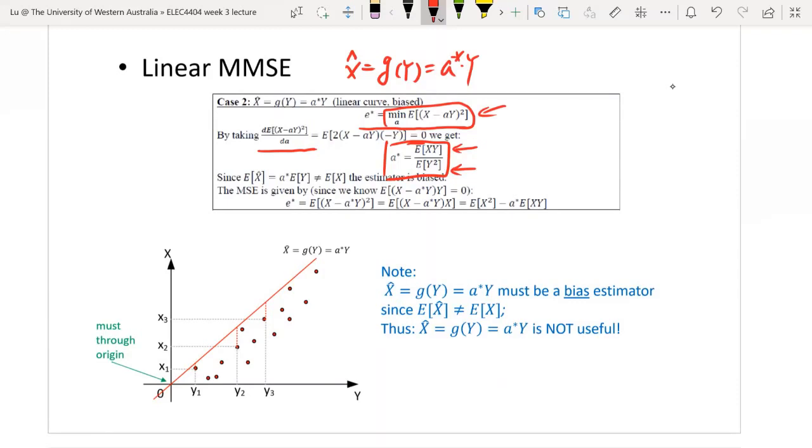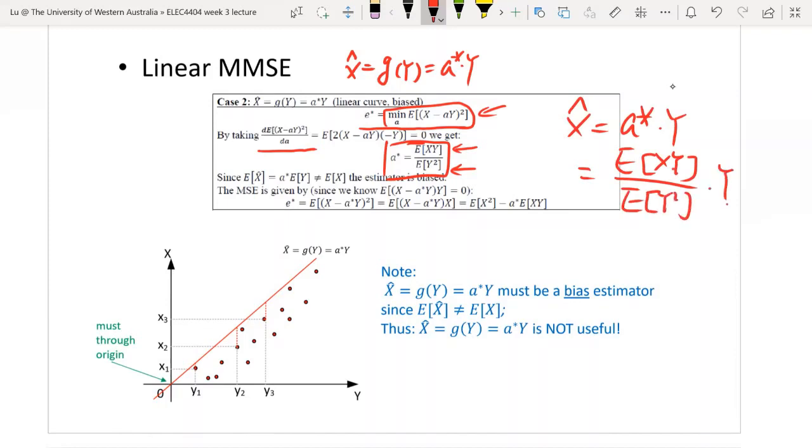Once we know the A star, we can just put that back into our estimator. So x hat is equal to A star times y, which is equal to the expectation of the x, y product divided by the expectation of y squared, times y here. And then, don't forget, there's one rule for us to judge if an estimate is good or bad.